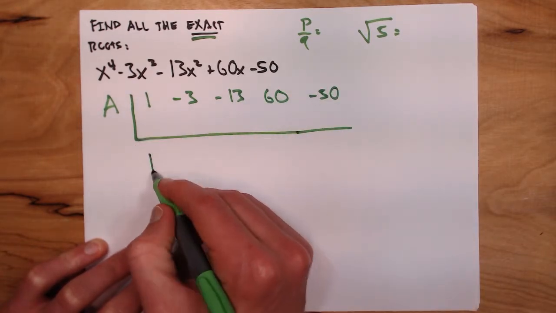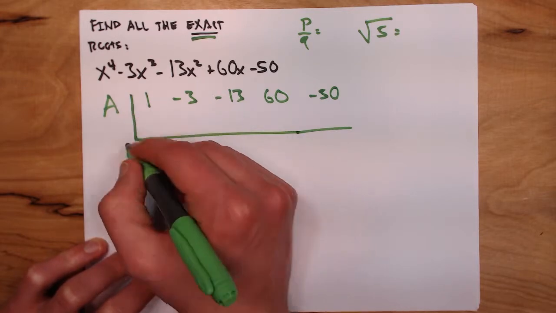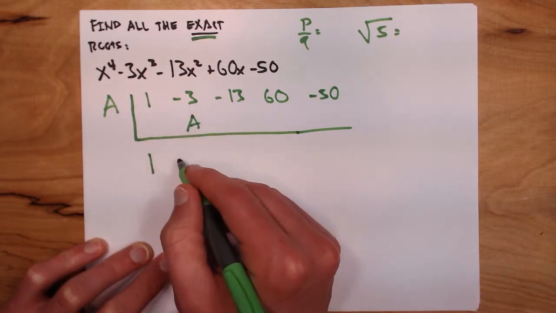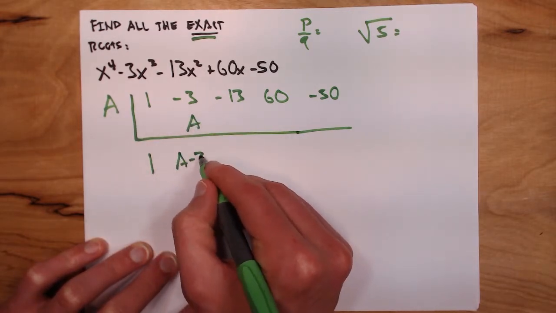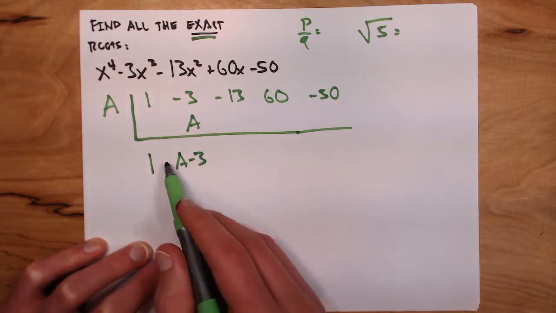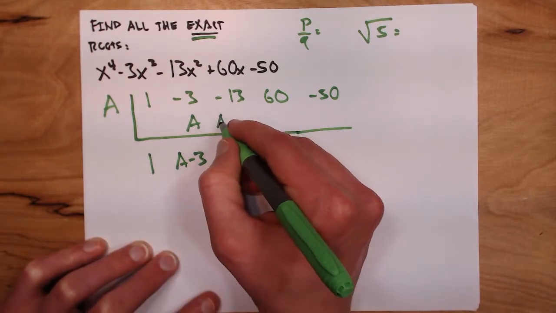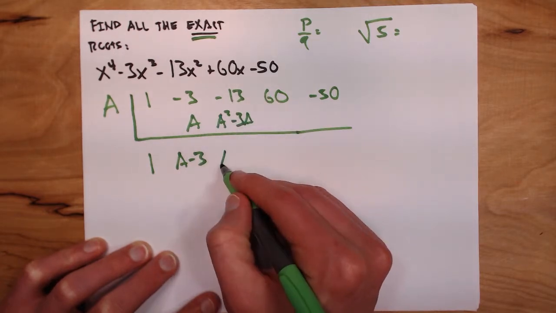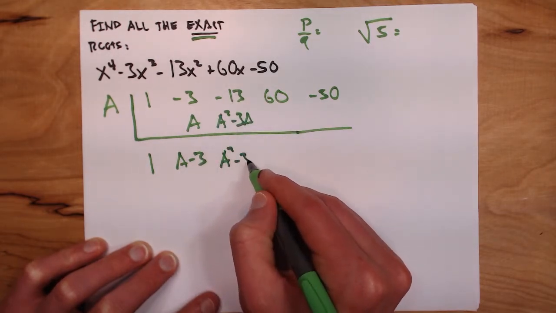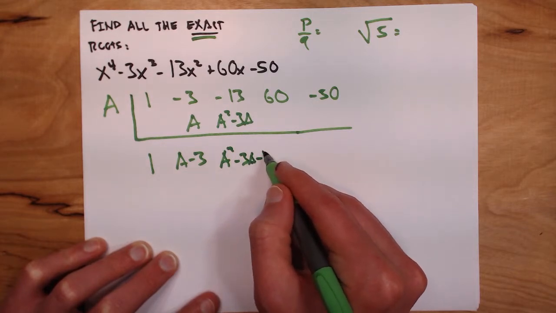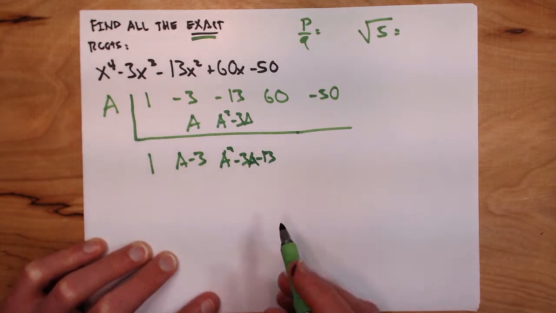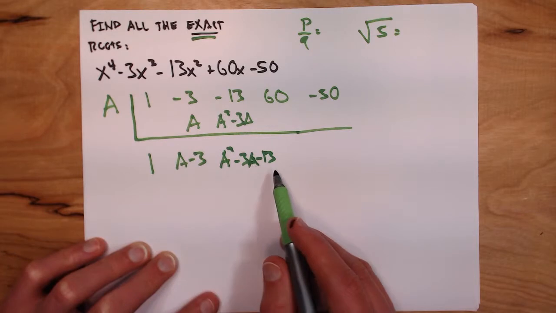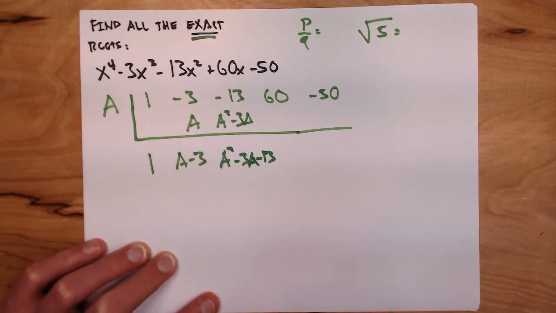All right, 1 comes down, and now I have a variable here. So 1 times a is just a. Here I'll get a minus 3. A times a minus 3 is a squared minus 3a. Add these together, I get a squared minus 3a minus 13. Okay, this times this. I'm going to switch colors here, it's going to get a little busy.